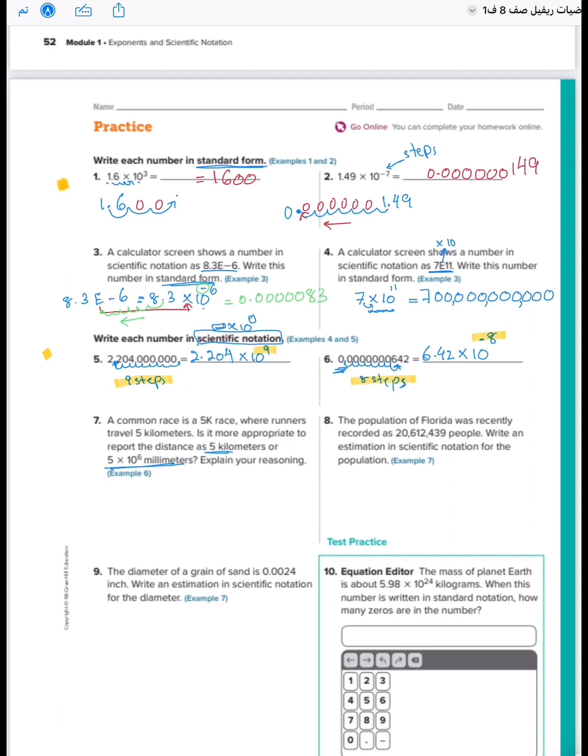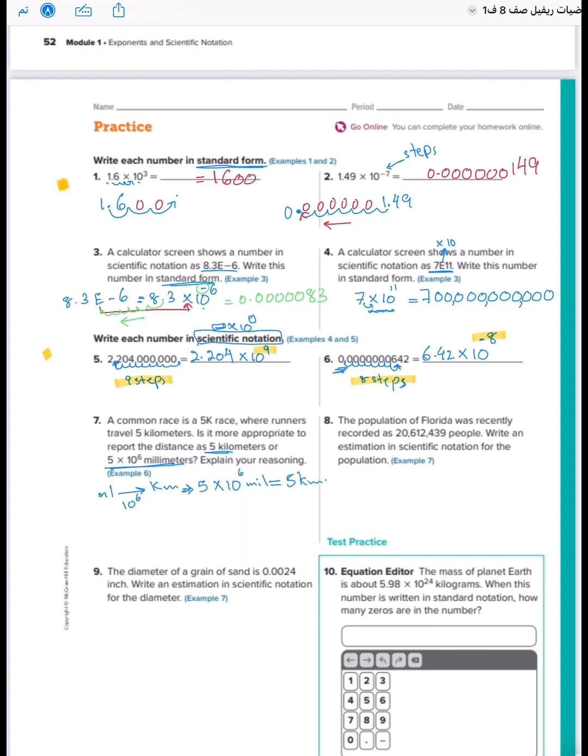Explain your reason. Let's see. What is the meaning of 5 times 10 power 6 millimeters? You must know that from millimeter to kilometer is 10 power 6. So 5 times 10 power 6 millimeters is equal to 5 kilometers.